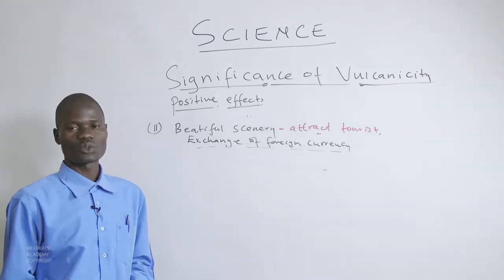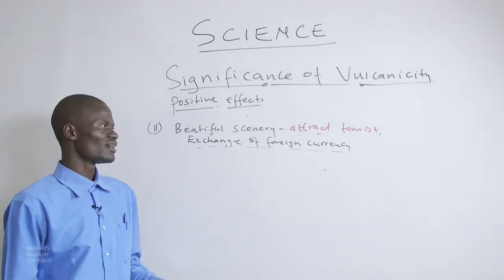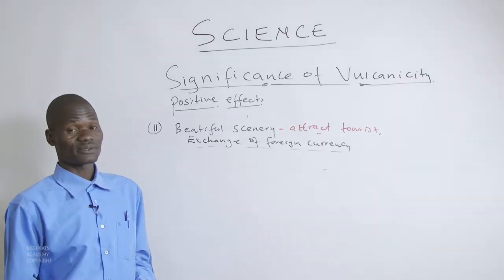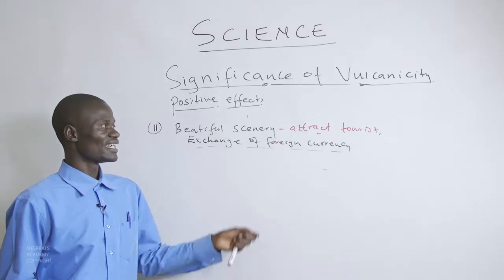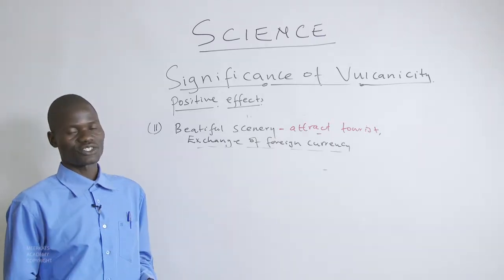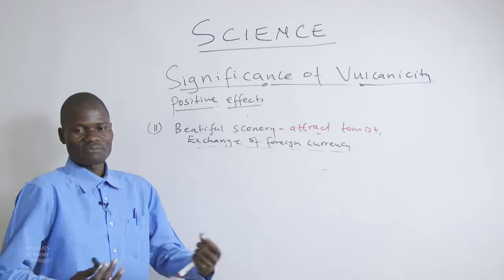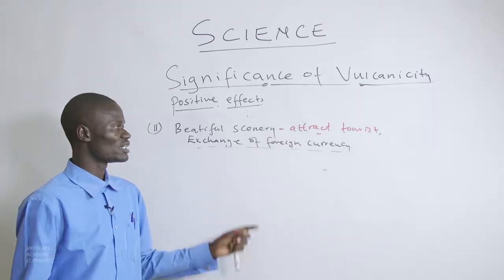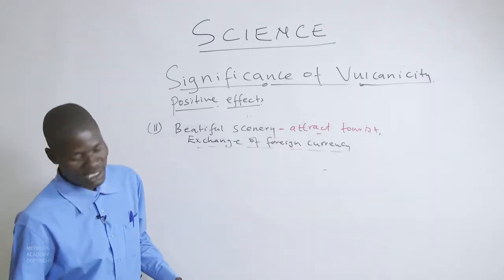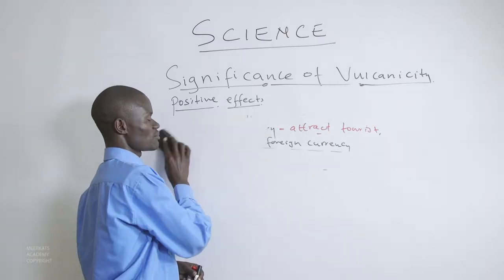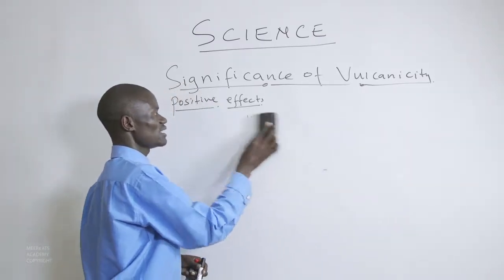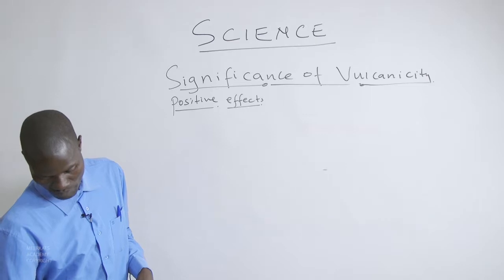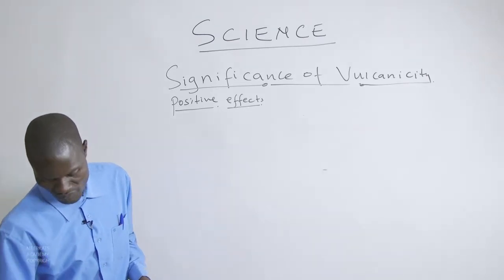It is very attractive, and as a result, the people found in those regions economically benefit. Therefore, it promotes their economic status. That becomes the second positive aspect of volcanicity.